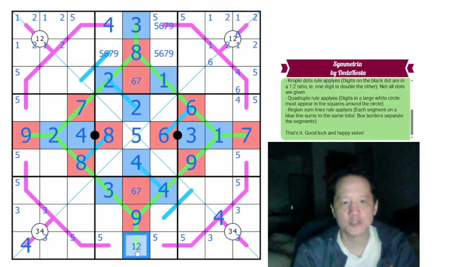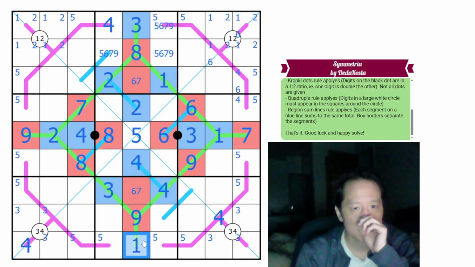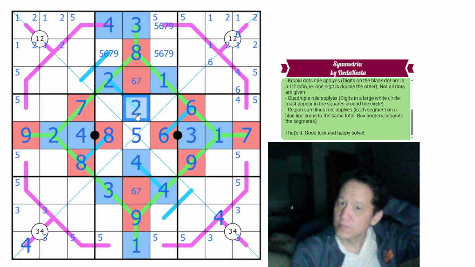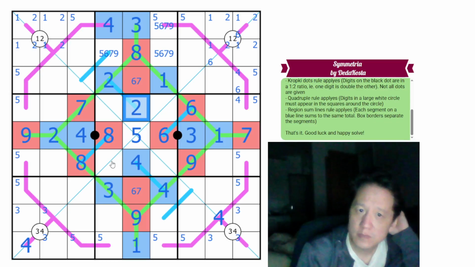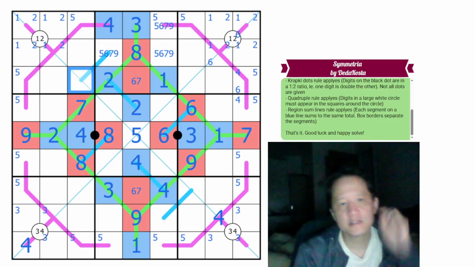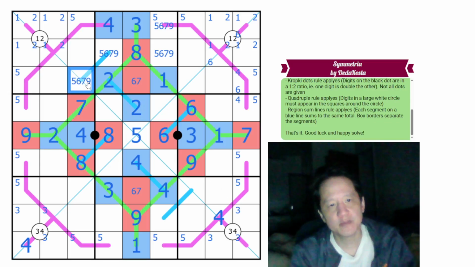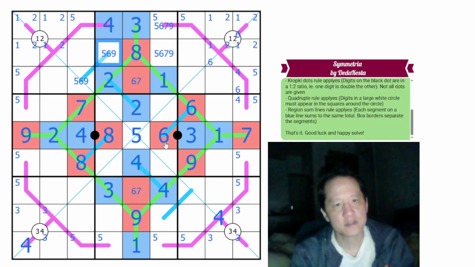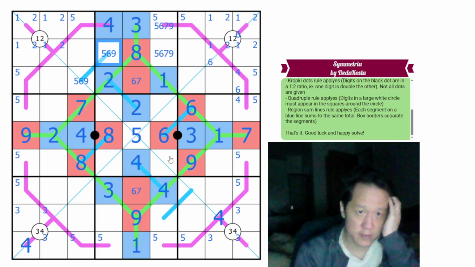This is a 2, which makes this a 1. This is a low. This is a low. So this is 5, 6, 7, or 9, but it can't be 7 because it sees that 7. So it's 5, 6, or 9.